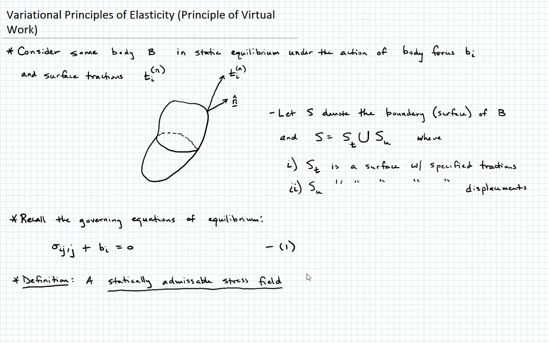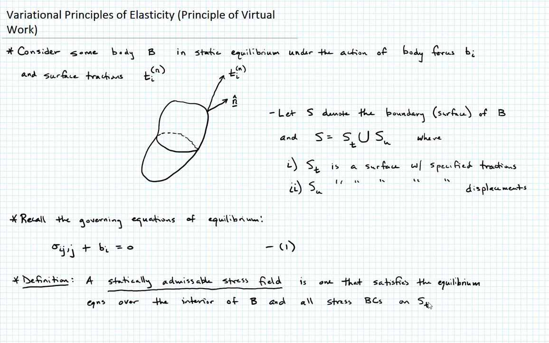A statically admissible stress field is one that satisfies the equilibrium equations over the interior of B, and it also satisfies all stress boundary conditions on the surface with specified tractions, S sub T. Now I want to define what's called a kinematically admissible displacement field. So let's do that.